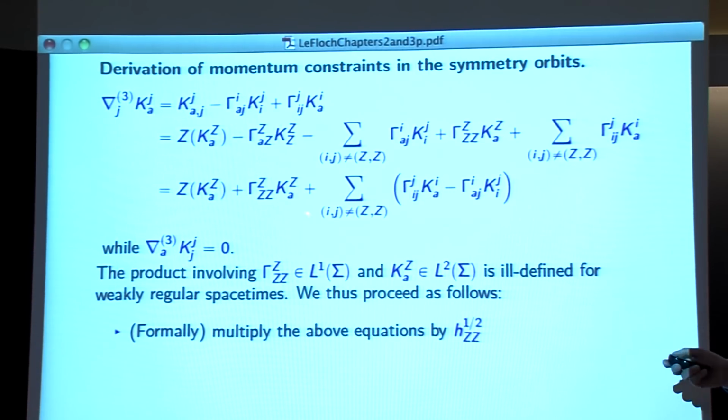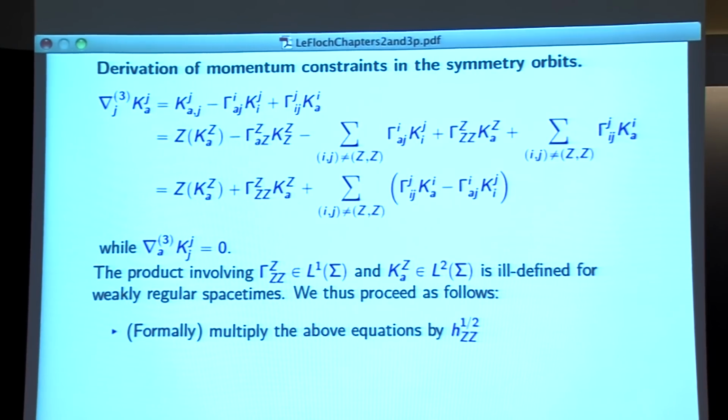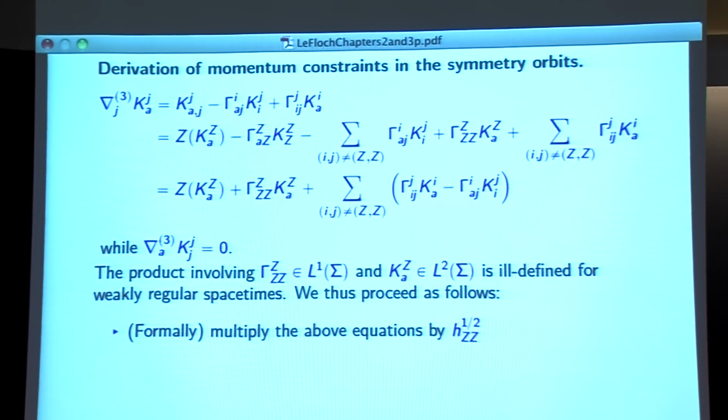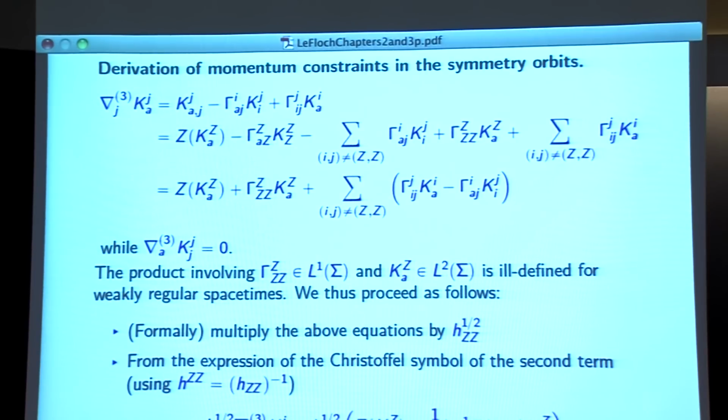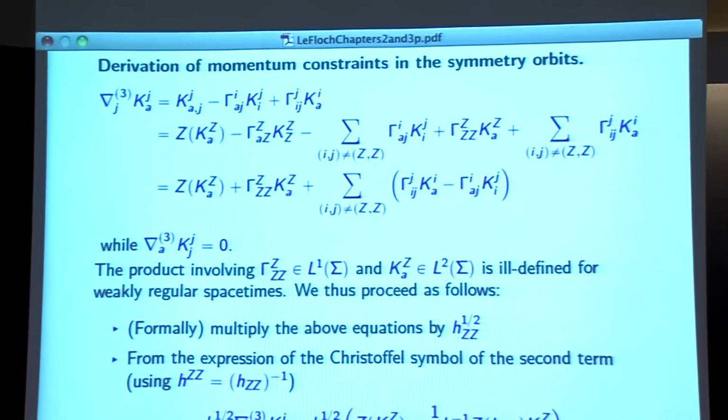I don't want to go too fast, so you see that in fact this formula contains this product. So you're not done so easily as in the previous case. You write the expression and it doesn't seem to work at first because you do get a product which is ill-defined, L1, L2. If I would take this as a definition, it would not work. So this is what I do. I formally multiply the above equation by the norm of z, which is this quantity, hzz to the 1/2, and that is a trick.